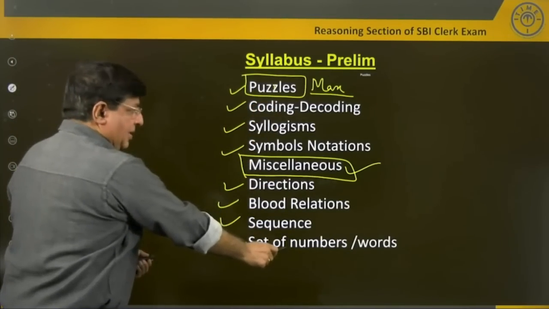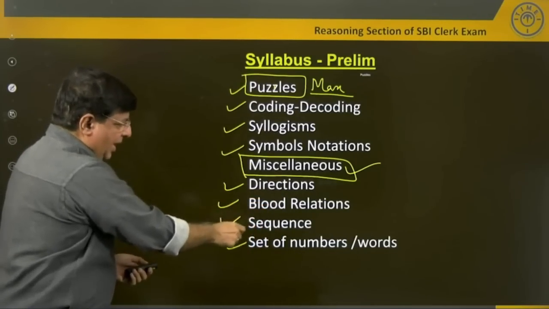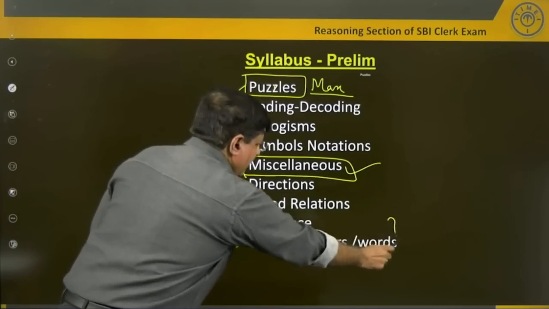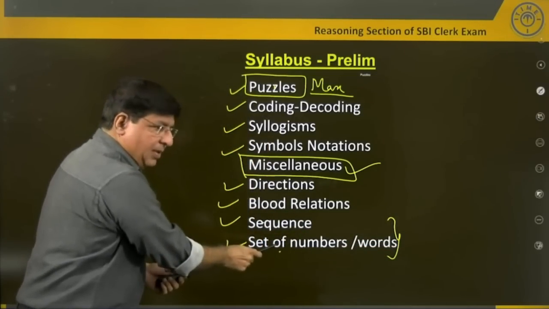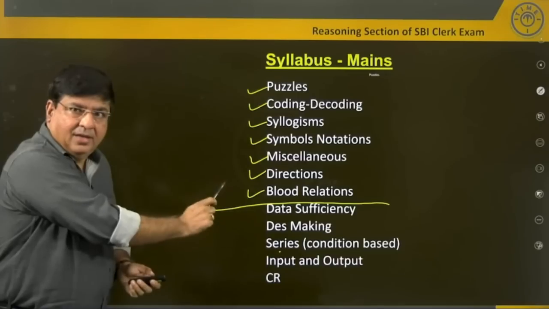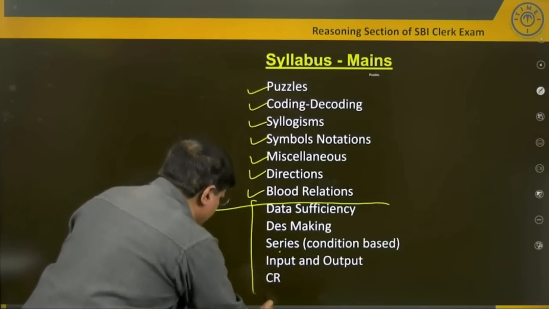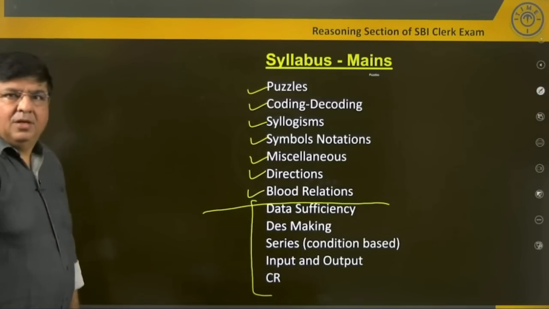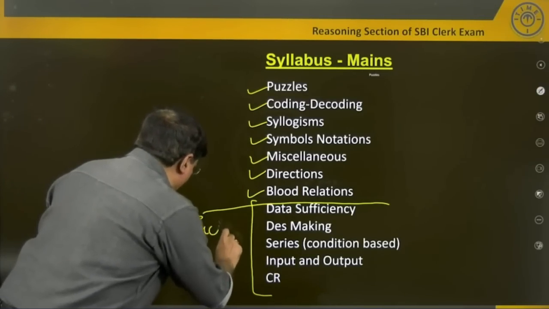The same topics are there for mains, except that the last 2 topics, sequence and set of numbers, are there in prelims but not in mains. There are 4 topics which are exclusively for the mains exam.